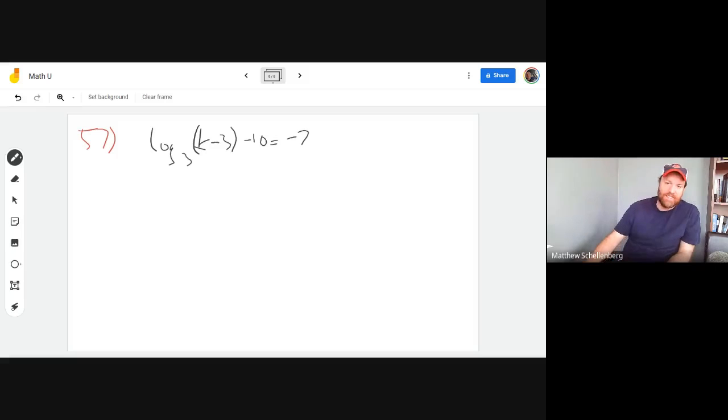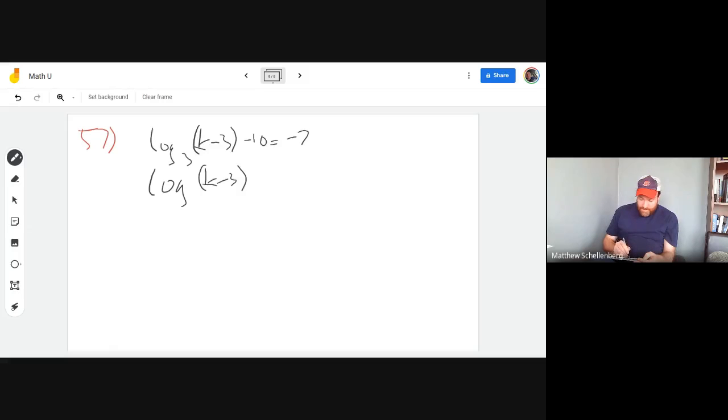It's not as hard as it seems. So the first thing you want to do is just make your life simple, and I'm going to move that 10 to the other side. So I'm going to add 10 to both sides, and I'm going to get log of k minus 3 base 3 equals 3.